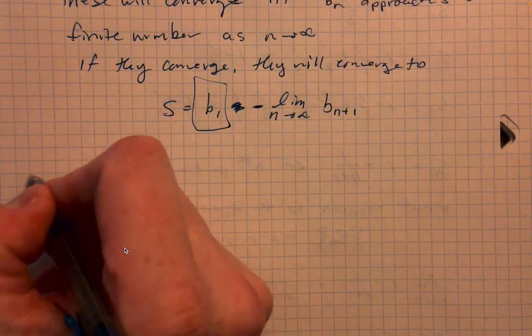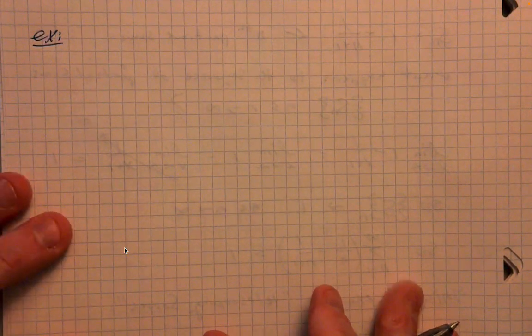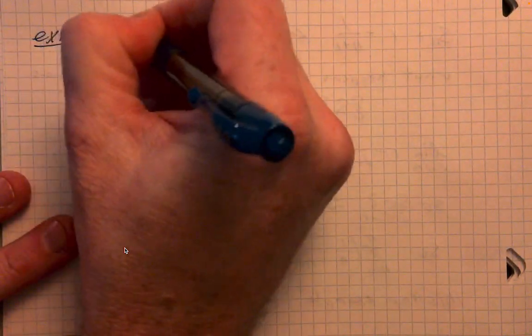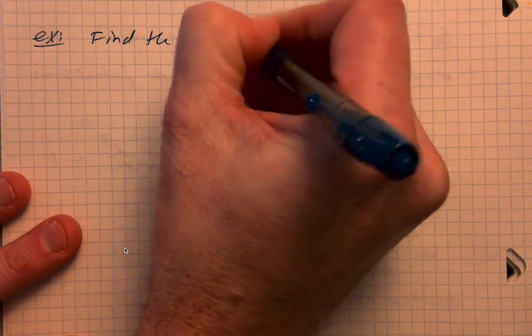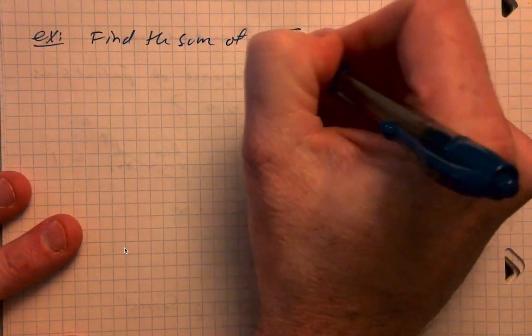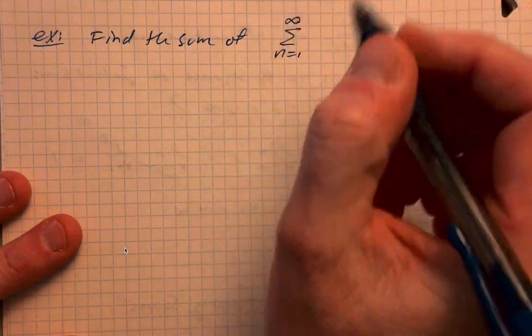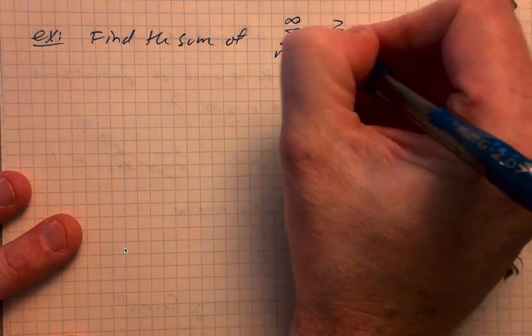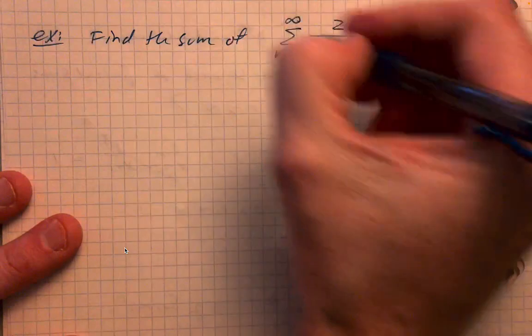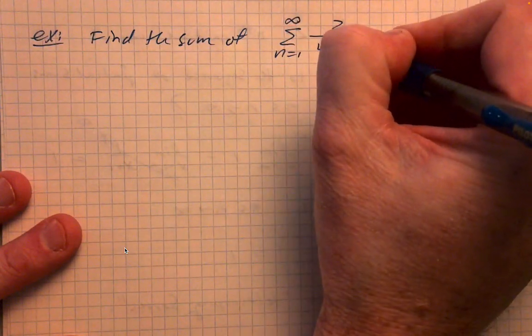Okay, here's another example. Let's try to find the sum from n equals 1 to infinity of 2 over 4n squared minus 1.